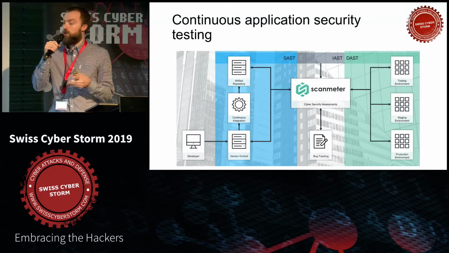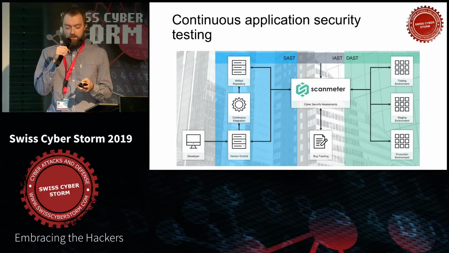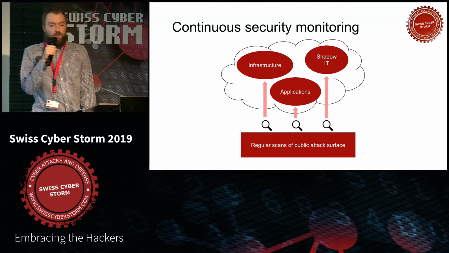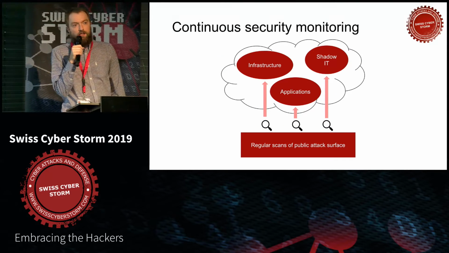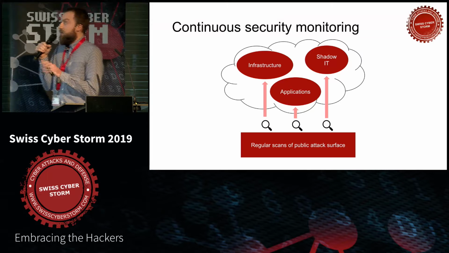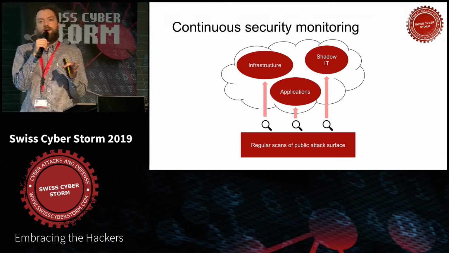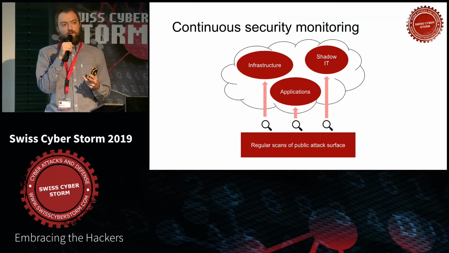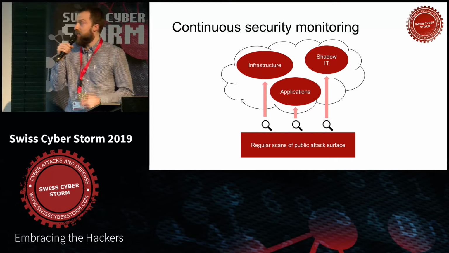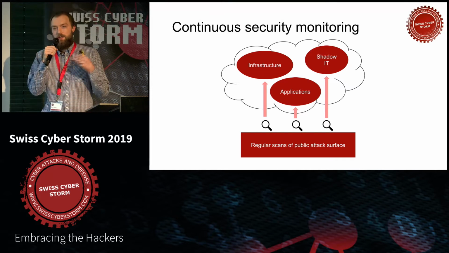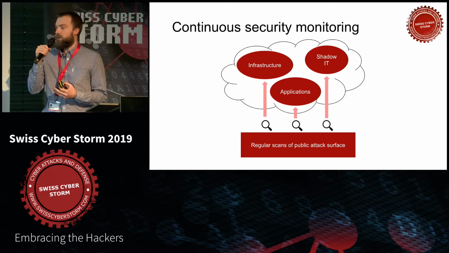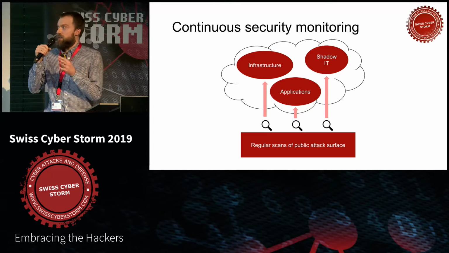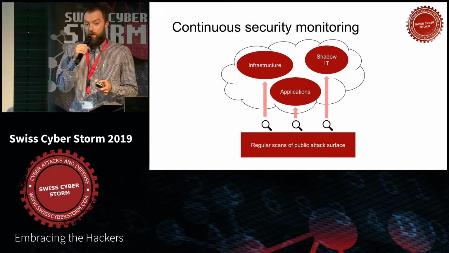This is an engine we developed that can do exactly that. And the second point is continuous security monitoring. Scanning your externally facing, internet-facing architecture regularly gives you one of the most important benefits of security: visibility. You see what you have deployed, you see what other departments have deployed, and you have not so many systems which you don't know about.